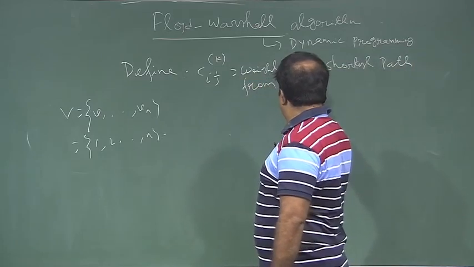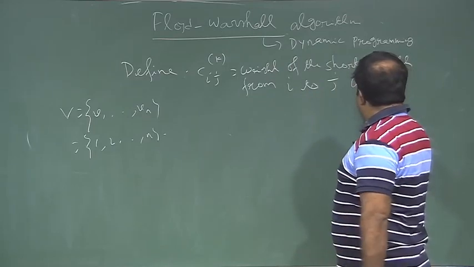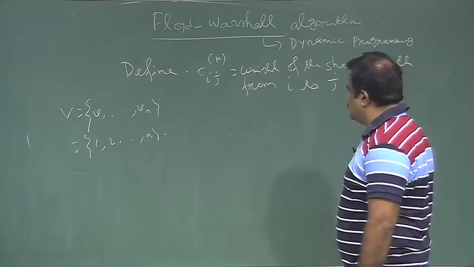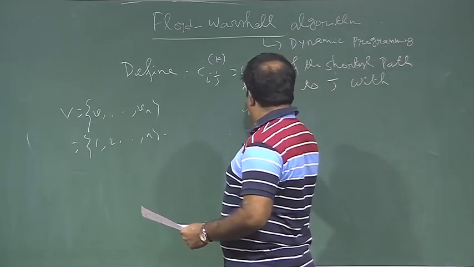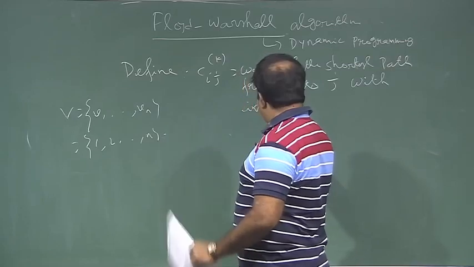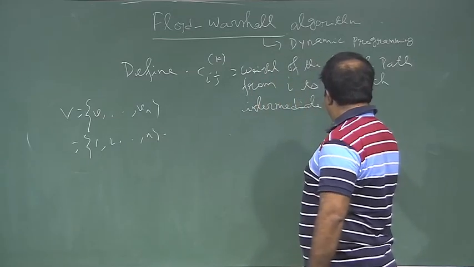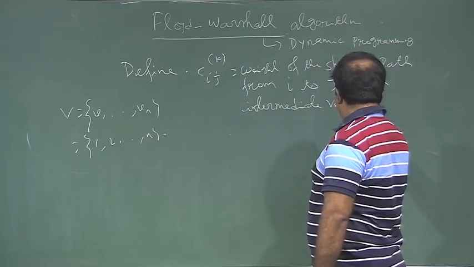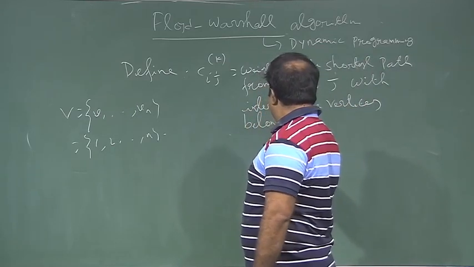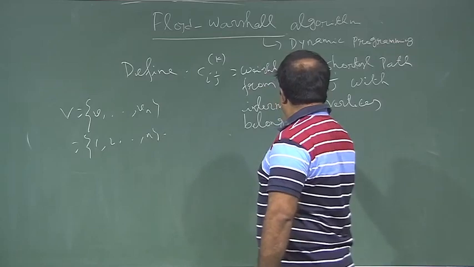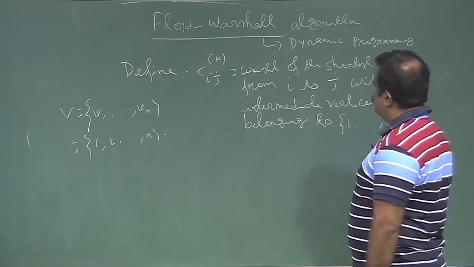from node i to node j, with intermediate vertices belonging to the set 1 to k. What is the meaning of this?